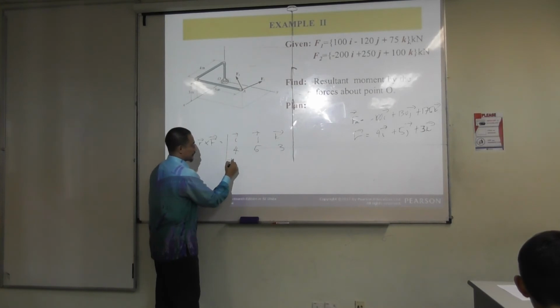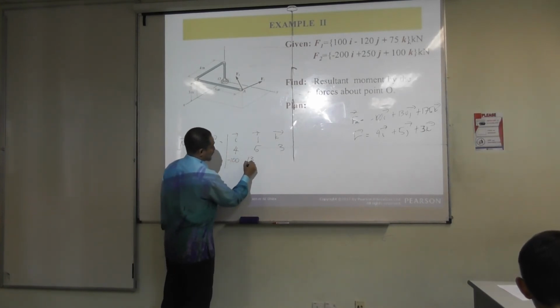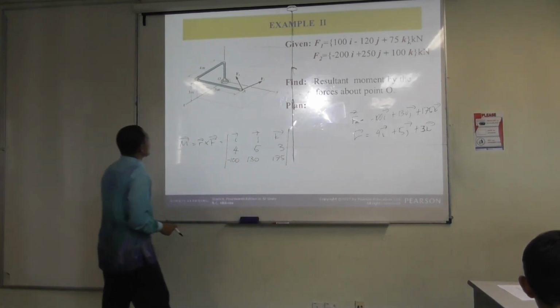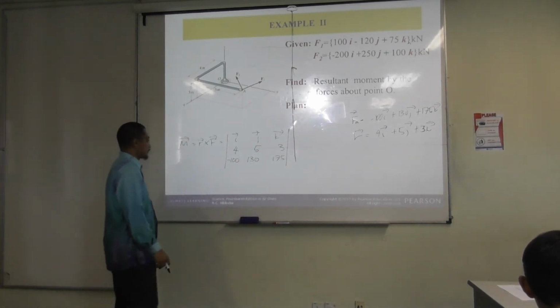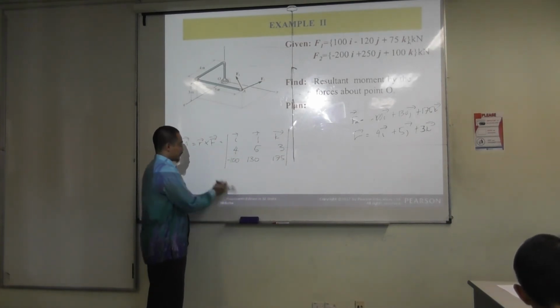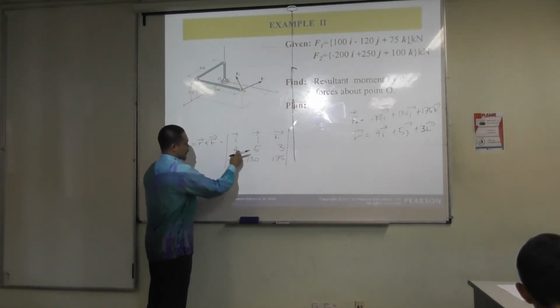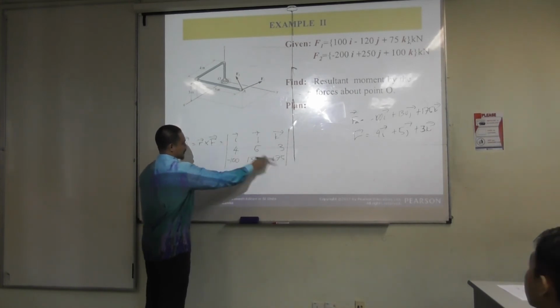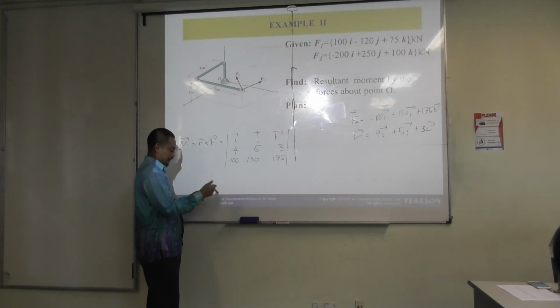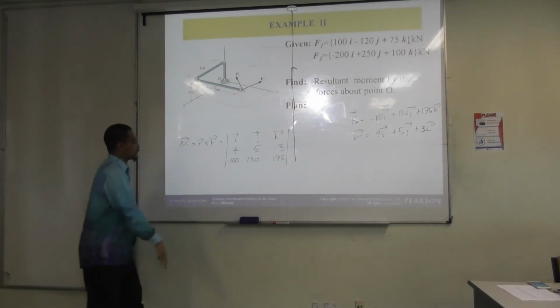And then negative 100, 150, 175, right? Should we show, meaning you know what to do next? Right, so I is this minus this one, for J, this minus this one, K, this and this one, right? So the rest is basically just mathematics.